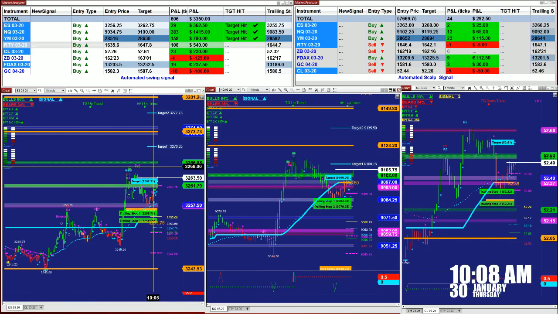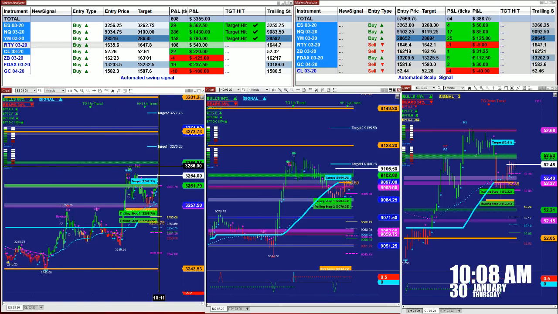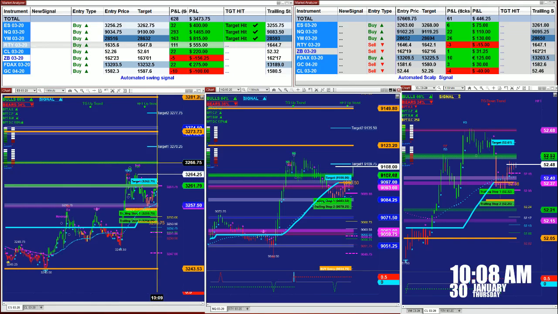For the ES, you have a very clear long trade all the way to 32.66. There is nothing holding that ES, and we are doing very well on the ES.